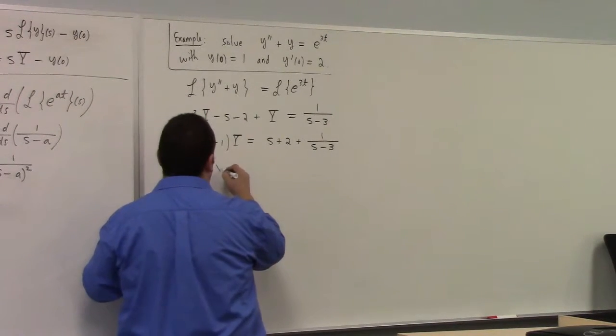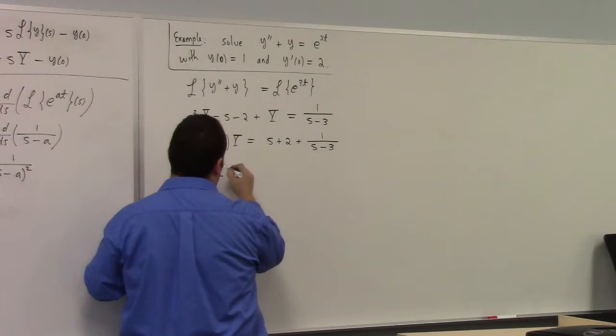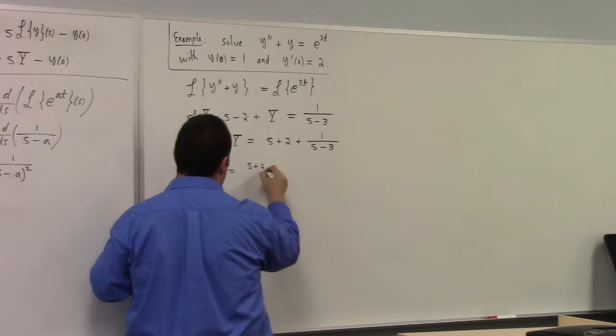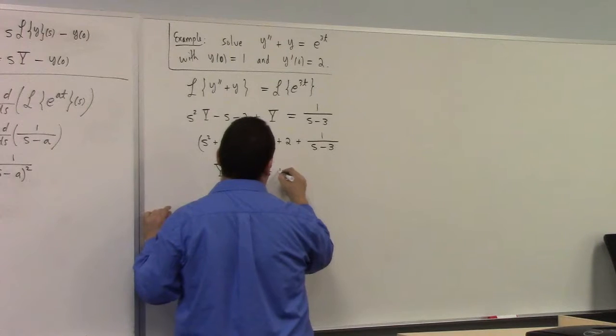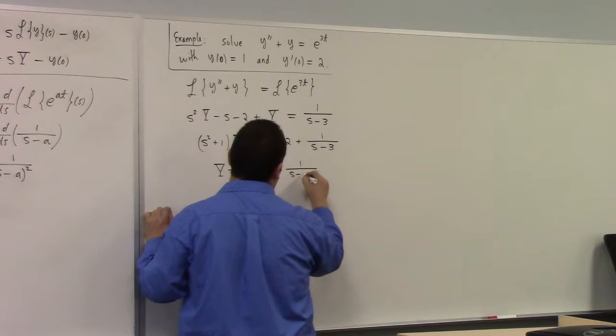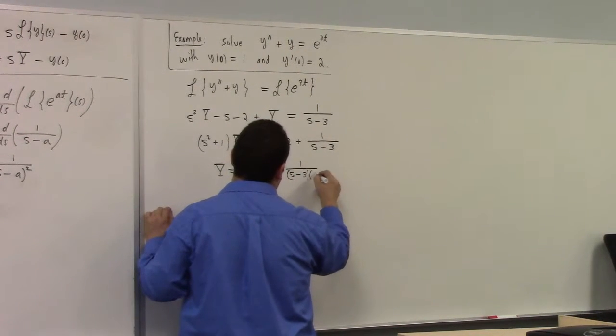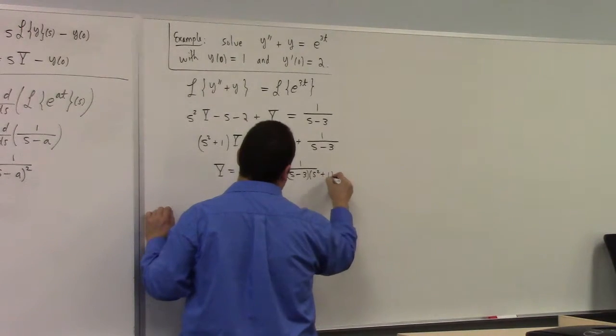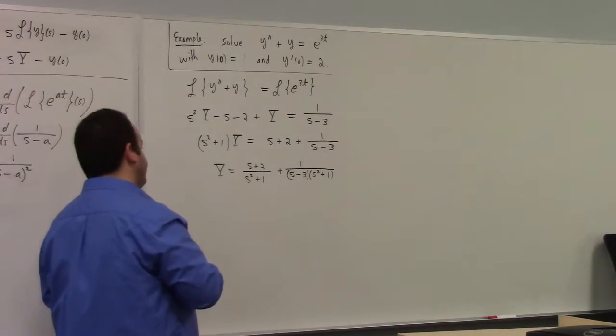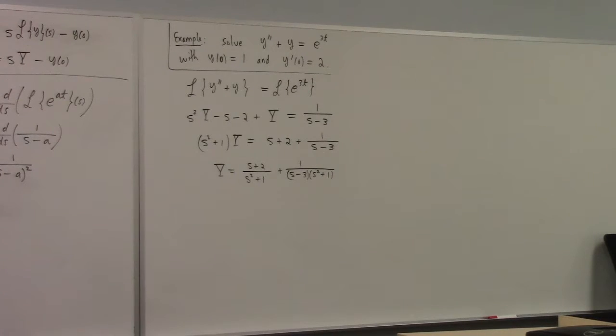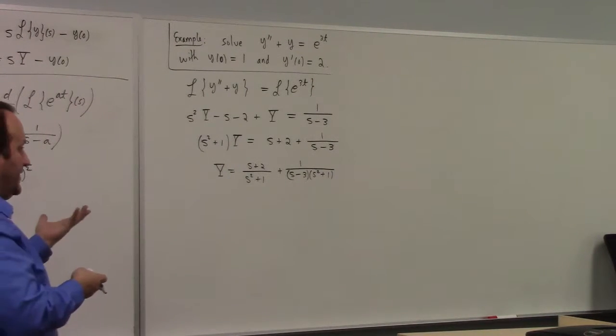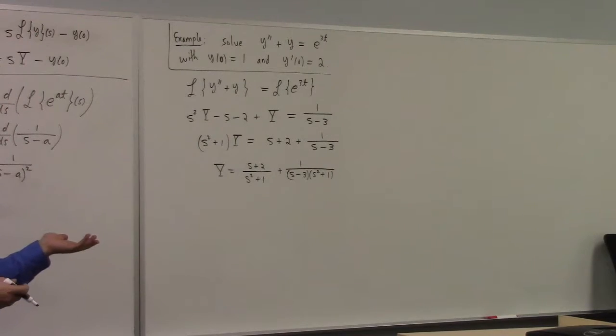So big Y will be equal to (s plus 2) over (s squared plus 1) plus 1 over (s minus 3)(s squared plus 1). So we did algebra to solve the differential equation in the frequency domain, which is pretty awesome, right? All we've got to do now is work our way back to the time domain. There's the rub.